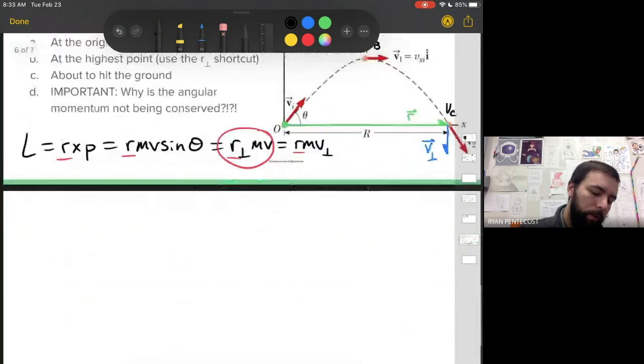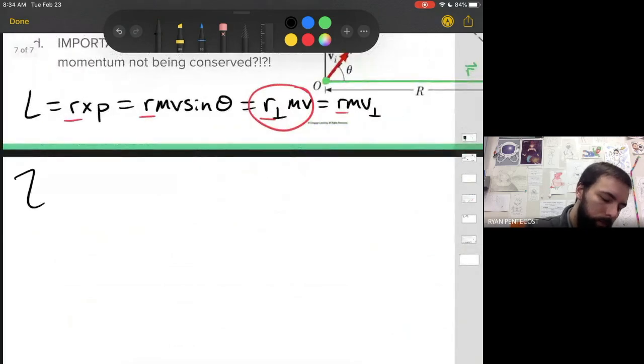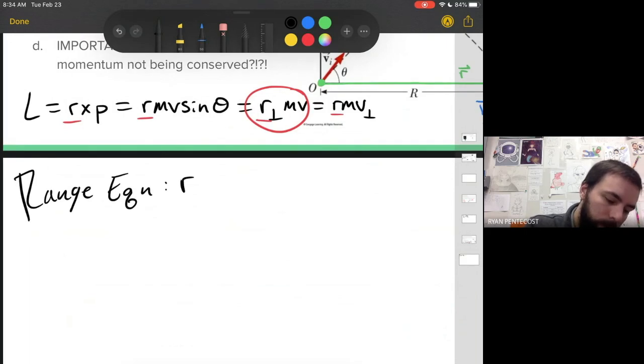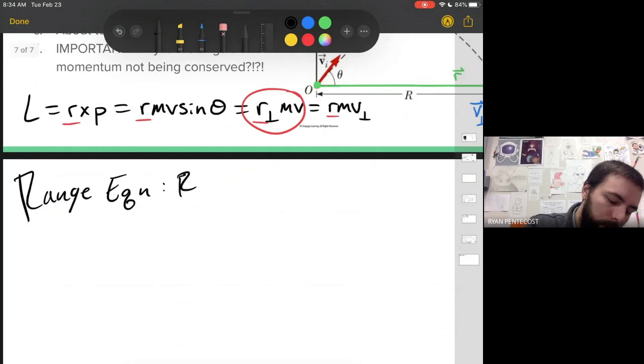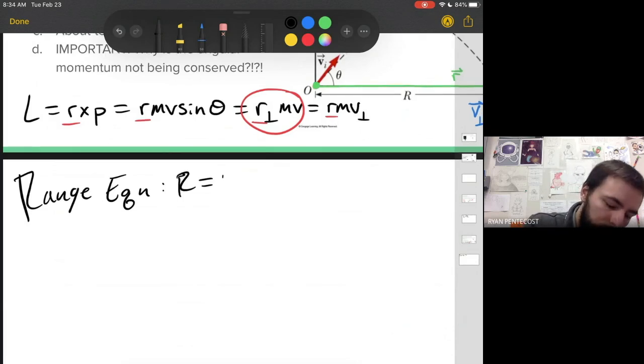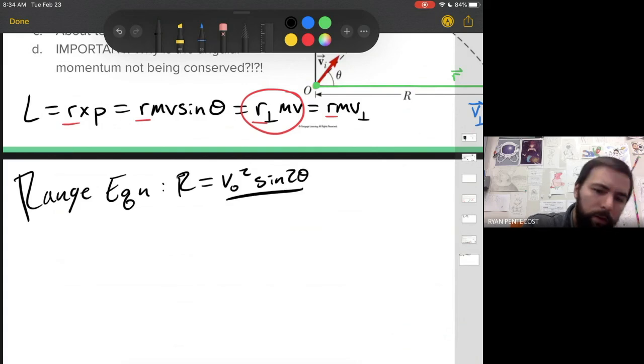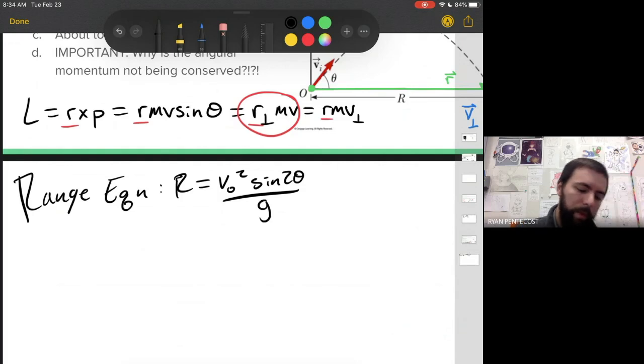If you do not know the range equation, this is interesting and important to know in physics, right? In kinematics, your range, if you assume no air drag, the range of an object is v naught squared sine 2 theta divided by g.